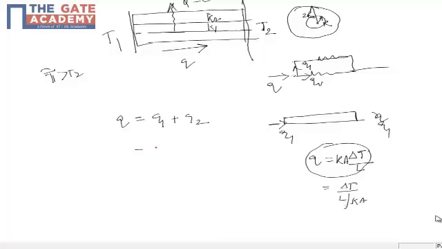So for Q1 it will be delta T by L by K1 A1.